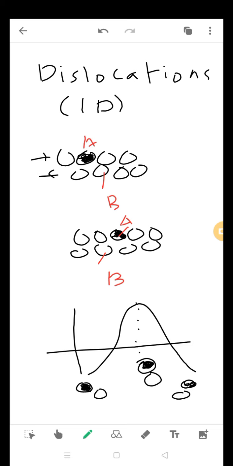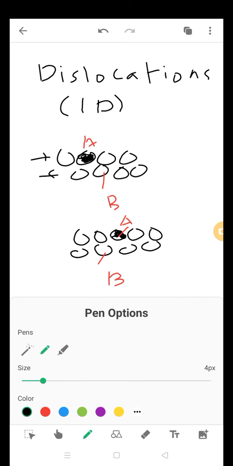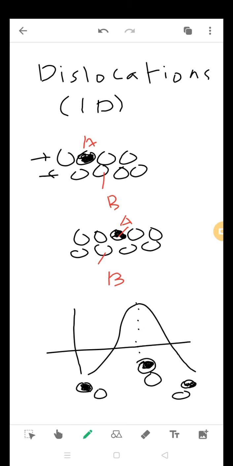Now taking a derivative of this potential, we get the strength. So it forms something like this, and this point corresponds to the maximum strain.